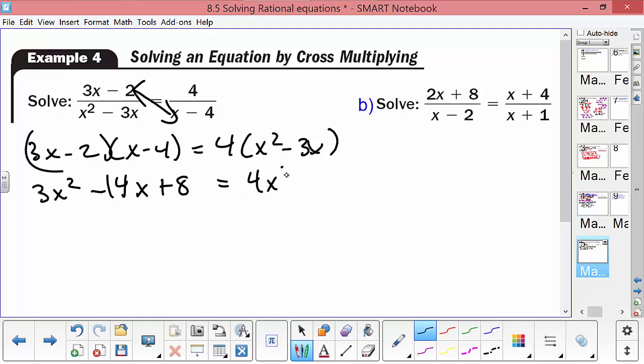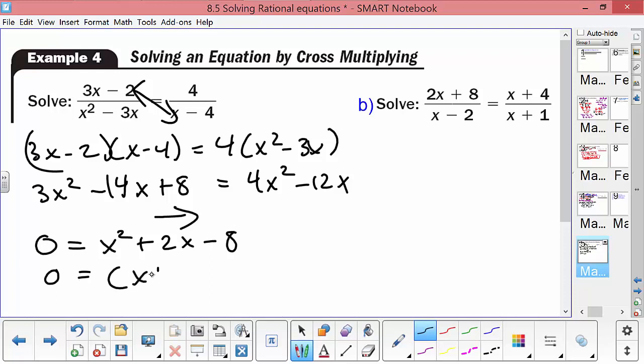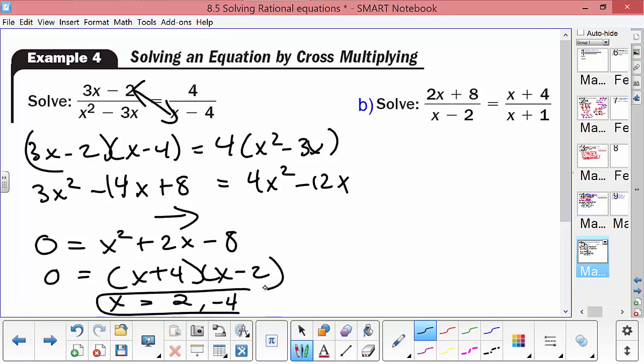And 4x squared minus 12x. I will collect like terms. I'm going to bring everything to the right-hand side because I like to keep my x squared positive. And factor. And I want to check, are those going to work? They are, because it's not going to make the denominator equal to 0.